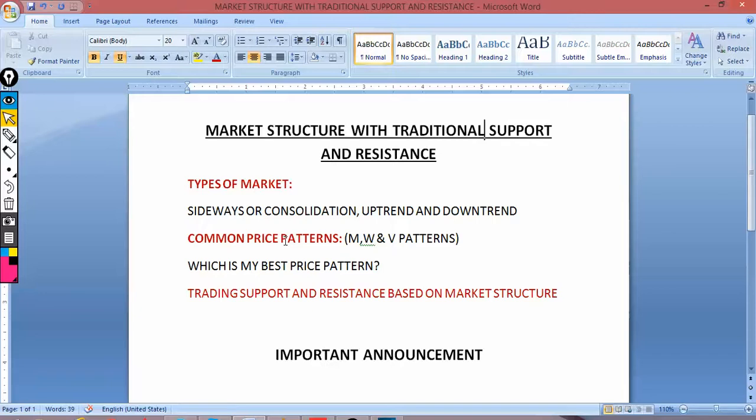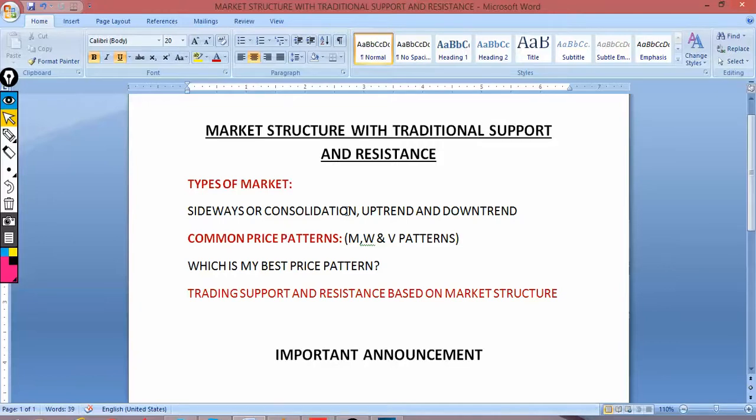In other words, we'll be analyzing the markets based on market structure and looking at support and resistance levels, so that if, for example, the market is in an uptrend and a resistance is broken, it becomes support. So then we are looking to buy from that support, and vice versa. Then I'll finally give you an important announcement towards the end of this video.